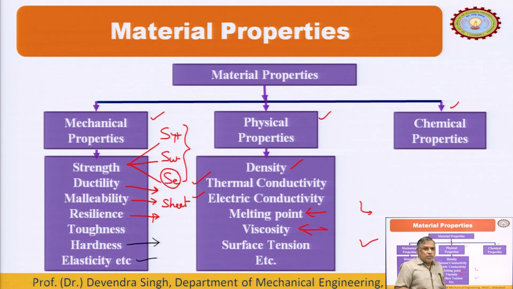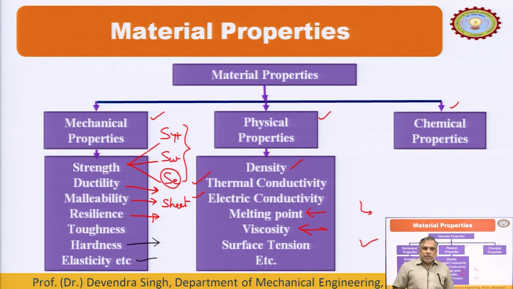For example, in journal bearings, we need to form a film between the journal and the bearing. If viscosity is very low, then it will be very difficult to form a film and to reduce the friction or avoid metal to metal contact in the journal bearing. So this will be an important property in the case of the journal bearing.